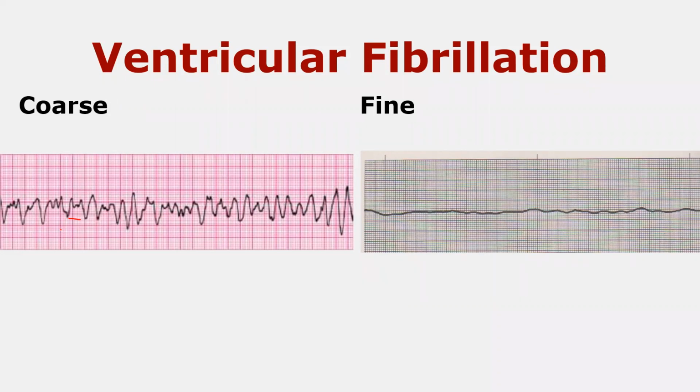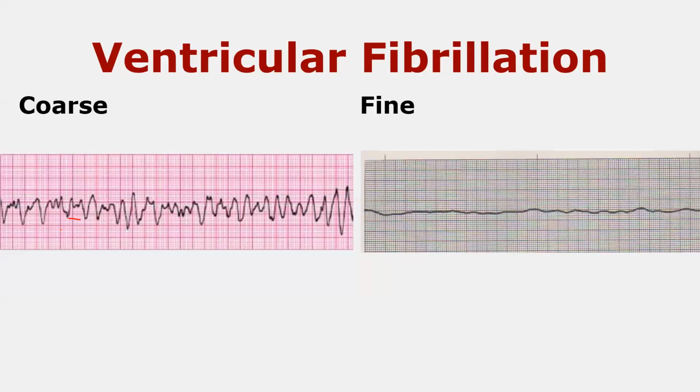Whenever you have coarse ventricular fibrillation, it is believed that it is because there's still oxygen reserve in the myocardium. So usually, when you see a patient in cardiac arrest immediately, you will see coarse ventricular fibrillation.